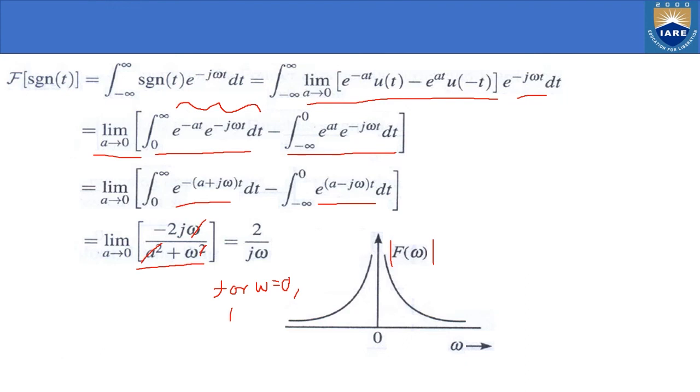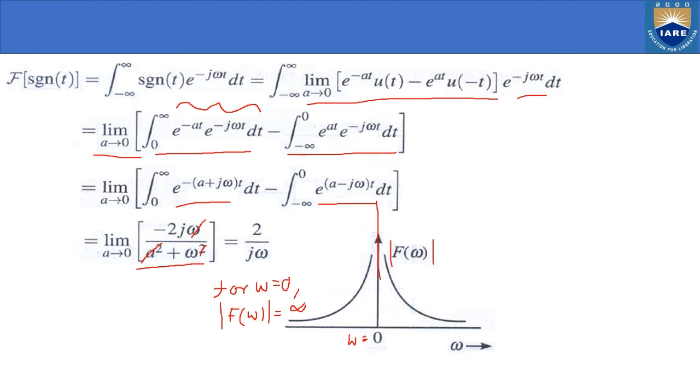So for omega equal to 0, F of omega, here we are calling this F, instead of x, because the time function is small f, and capital F becomes the Fourier transform of that. So the magnitude of this becomes infinite here. So that is what is shown here. And this is nothing but omega equal to 0 at the middle. So there it is an infinite function. So this goes to infinity on the y-axis.